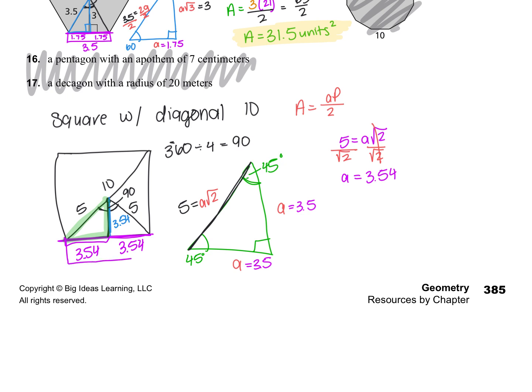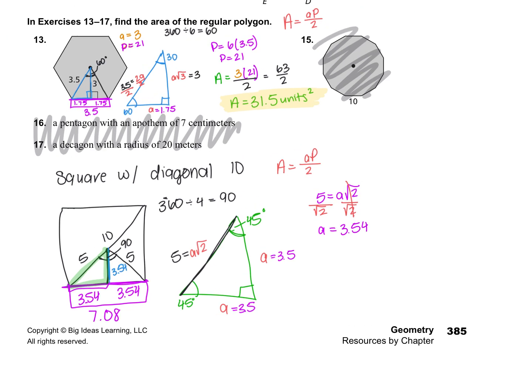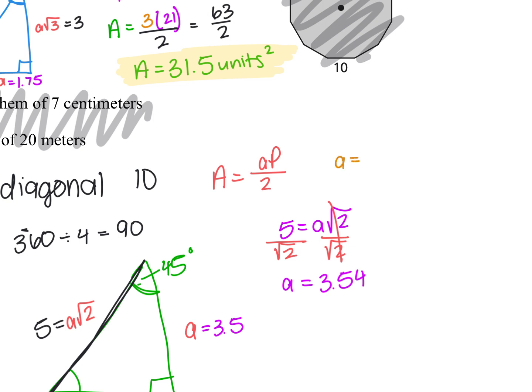So it's 3.54 plus 3.54. 7.08, good. So let me just label what I have because it's a lot of information. I have my apothem, which is 3.54.